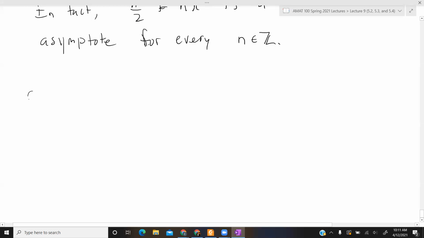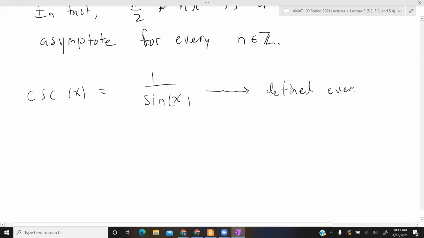So we have cosecant, and if you recall, that's defined to be 1 over sine of x. So what that means is that its domain is every real number except wherever sine of x is 0.